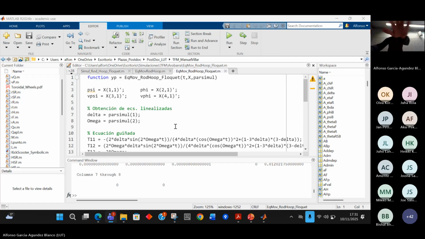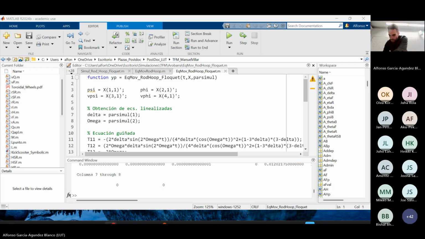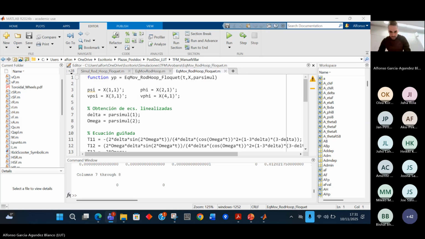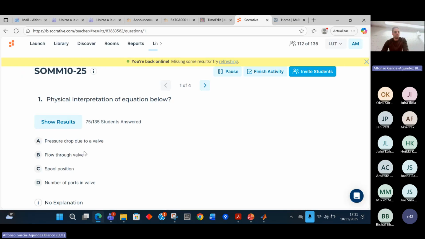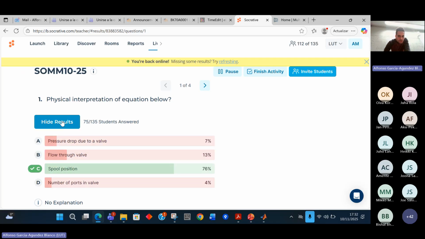How do you usually do it? Do you show the correct result in Socrative too? Okay, so I have to click on show results.